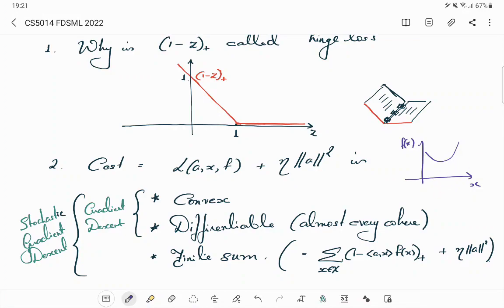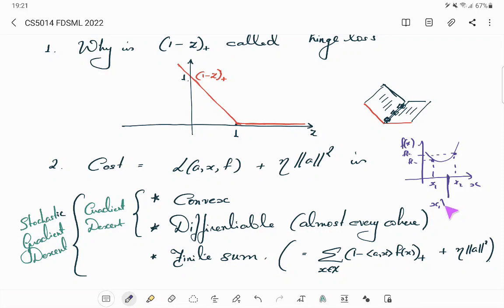The formal definition of a convex function is this: if you take 2 points, say x1 and x2, you calculate f of x1, which is this point, then you calculate f of x2, that is this value. Now you take any point in the middle, not necessarily exactly in the center, somewhere in between x1 and x2.